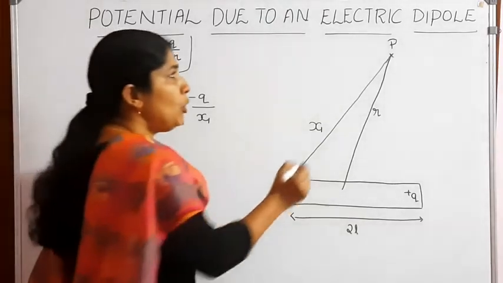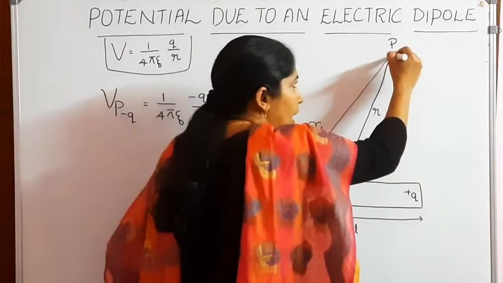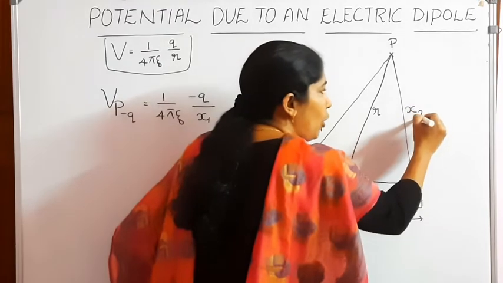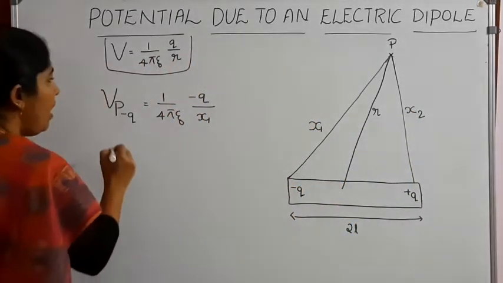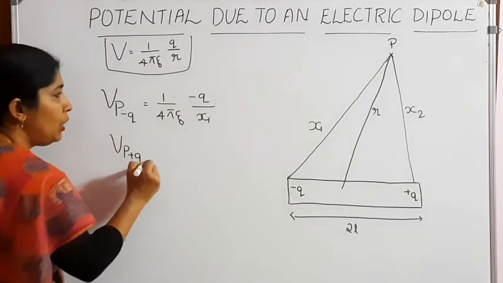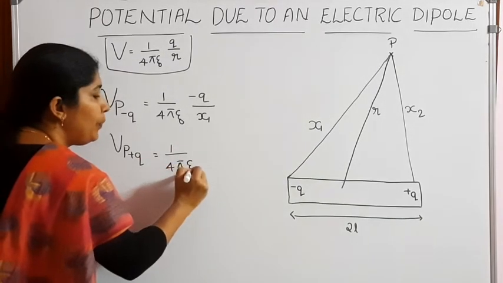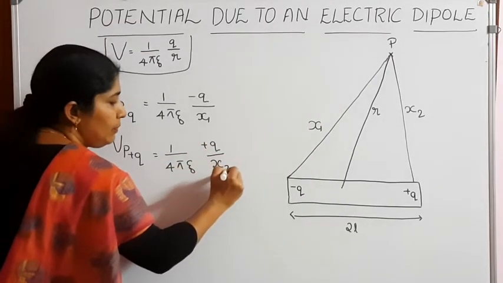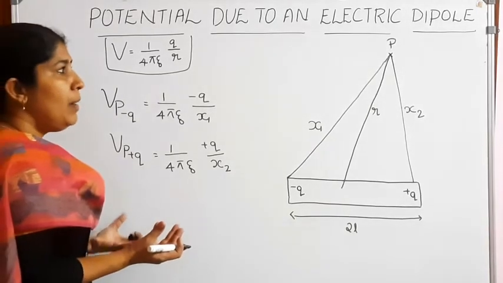Now, what about the potential at the point P due to the plus q charge? The plus q charge is at a distance x2 from the point P. The potential at the point P due to plus q charge is equal to 1 by 4 pi epsilon 0 into plus q divided by x2. Then what about the total potential?